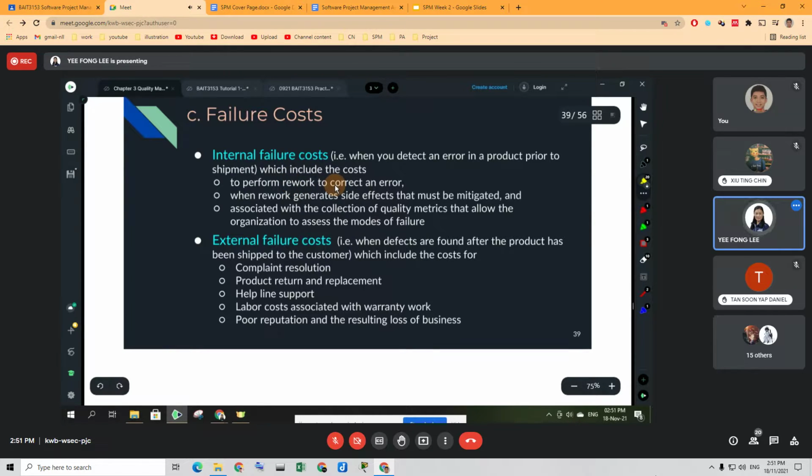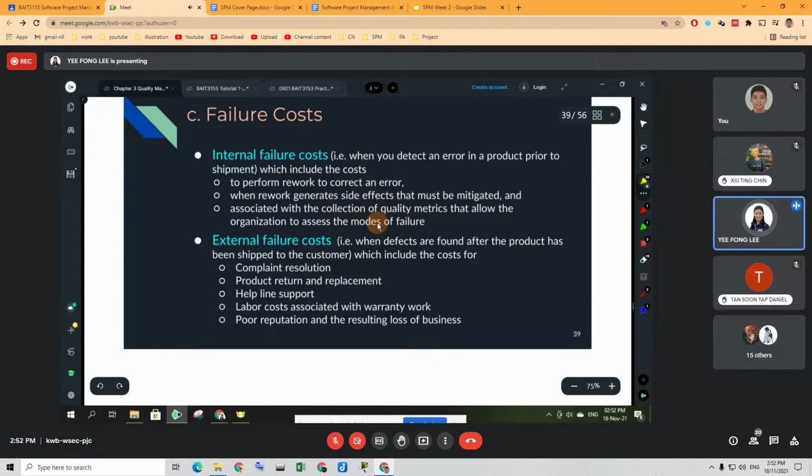Another example is when rework generates side effects that must be mitigated, associated with the collection of quality metrics that allow the organization to assess the mode of failure.